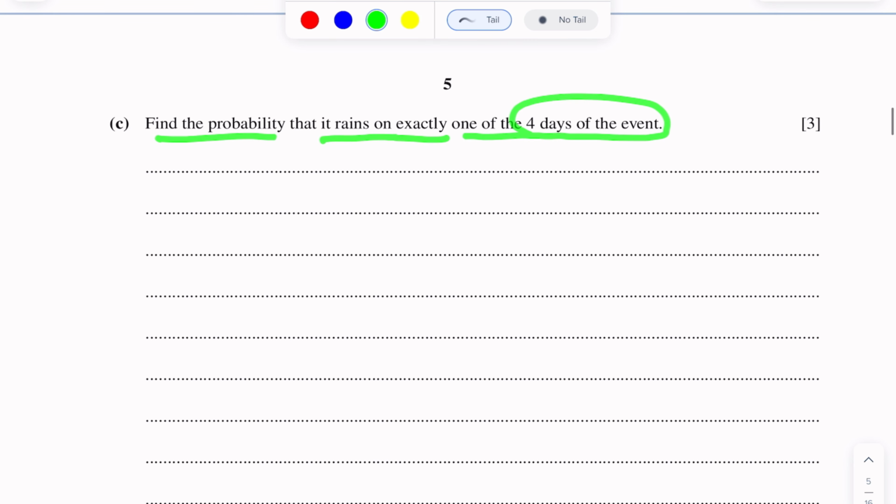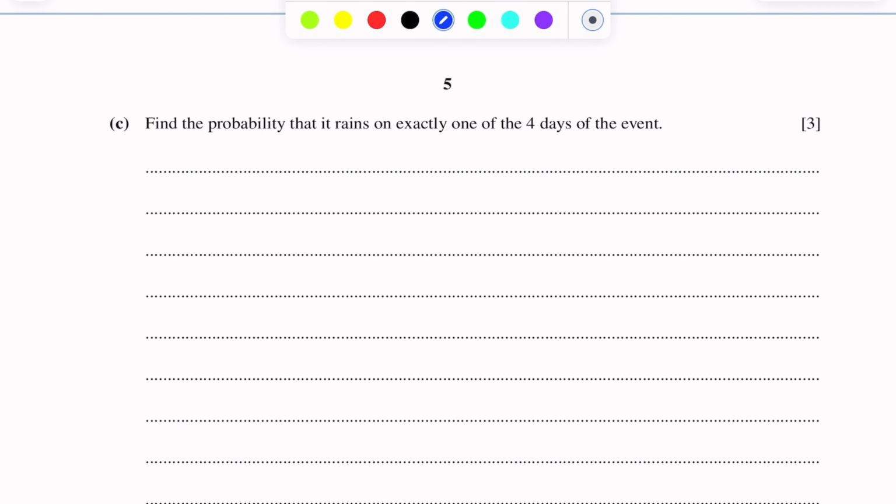There are different options for this. First option is the probability of rain, dry, dry, dry, plus the probability of first day dry, second day raining, third day dry, fourth day also dry.